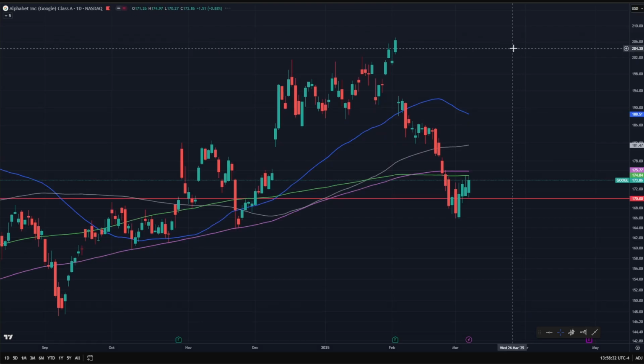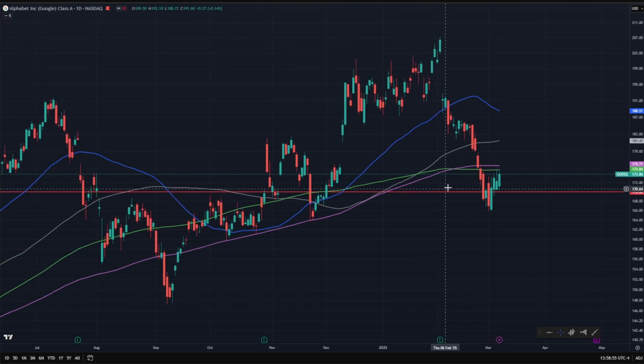I also have two CSPs on Google at the 170 strike. By the way, my Nvidia puts expire at the end of this month, and so do my Google puts. So my Google ones, I might also close out if we get a market rally this week, just because I don't like how Google is able to break below its 200-day moving average like this.